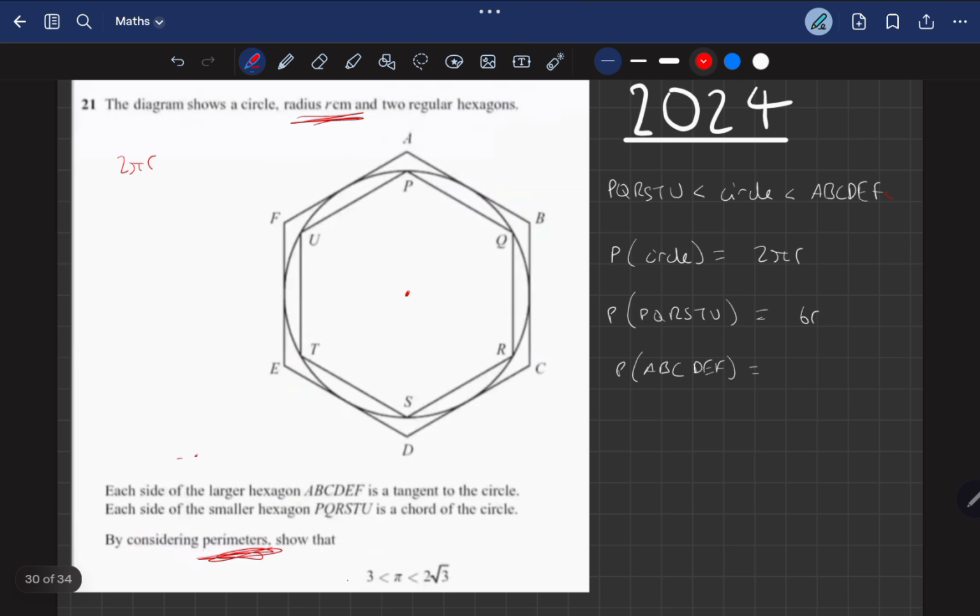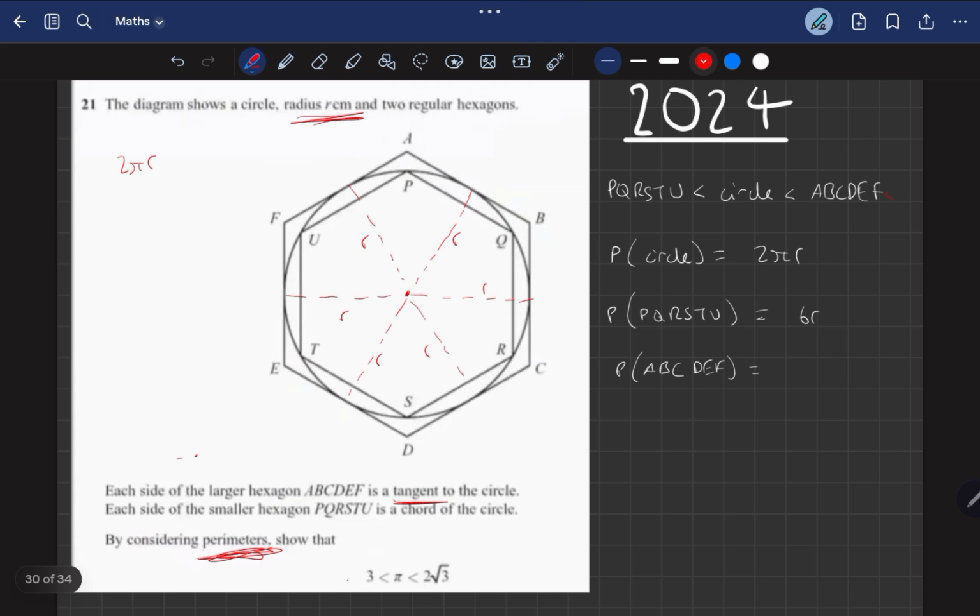Here's our center. We can label this distance as r because ABCDEF is tangent to the circle. That means we can also label this distance as r. This distance is r, this distance is r, this distance is r, and this distance is r.